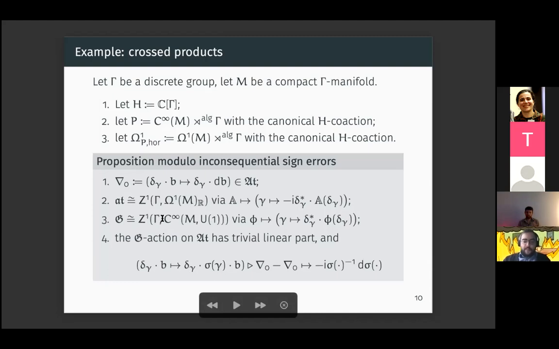And I'd be interested to know, this is something that's puzzled me, in any concrete example I can come across, this action has trivial linear part. So I'd be curious to find an example where you have non-trivial linear part. So nothing particularly earth-shattering here, but it's still interesting to observe that fairly natural group cohomology can be viewed as gauge theory.